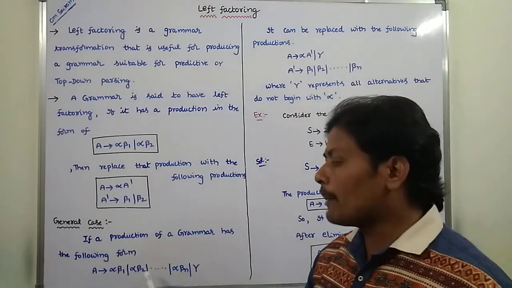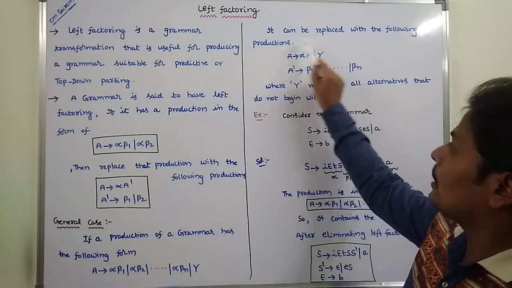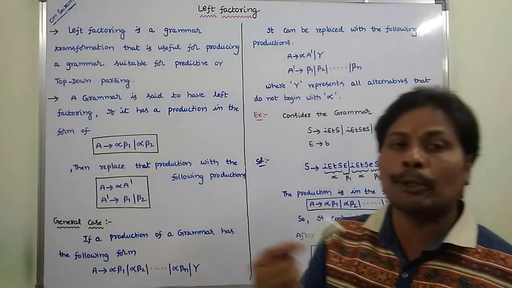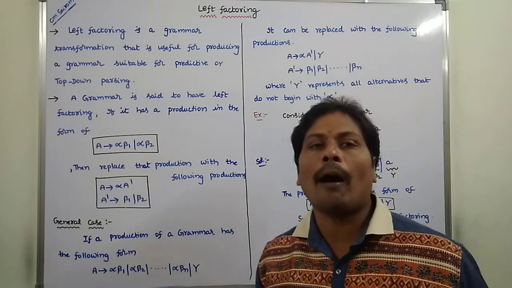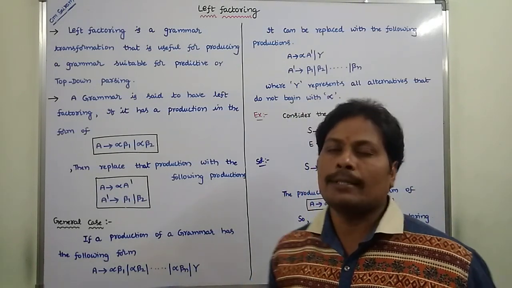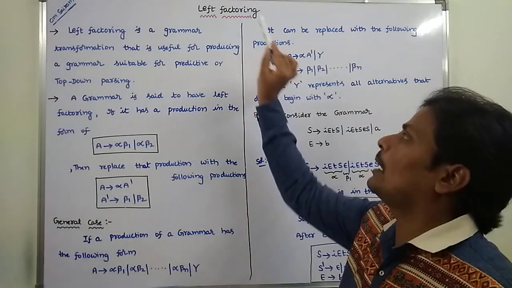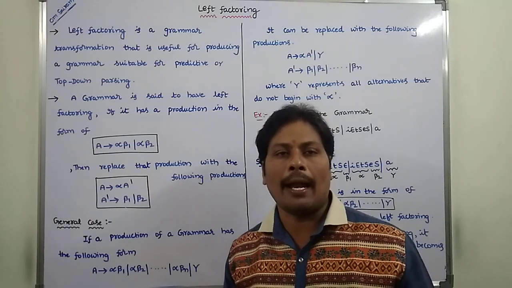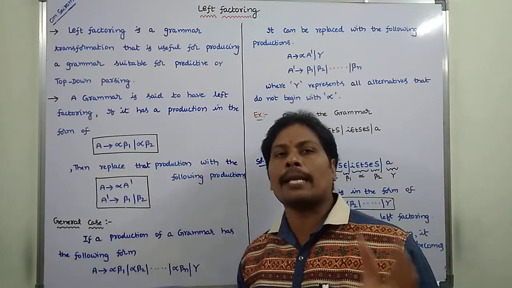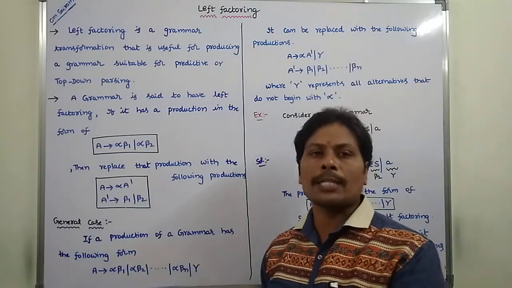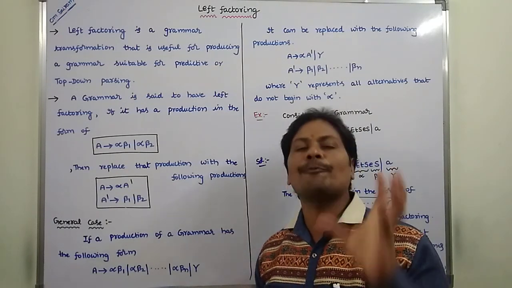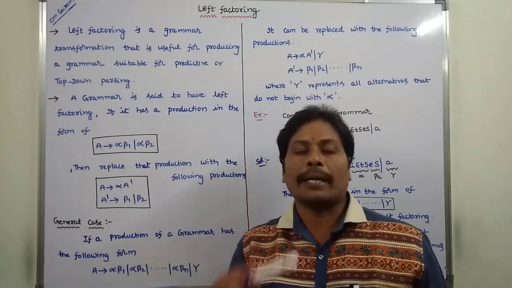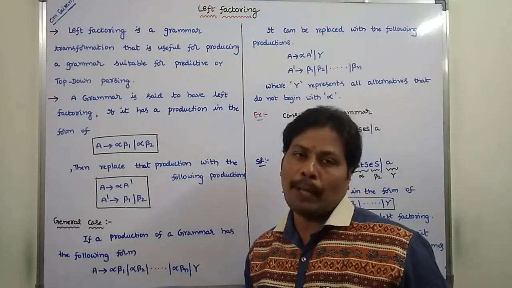This grammar can be transformed into this form, and this form is suitable for predictive or top-down parsing. This is the main purpose of left factoring. Hence we can simply say that left factoring is a type of grammar transformation that is useful for producing a grammar suitable for predictive or top-down parsing.